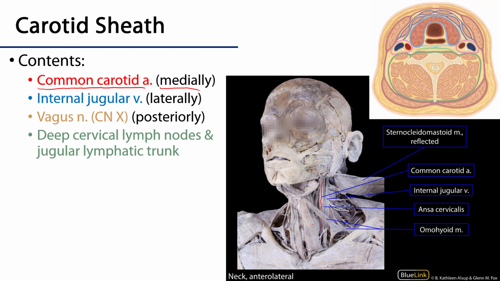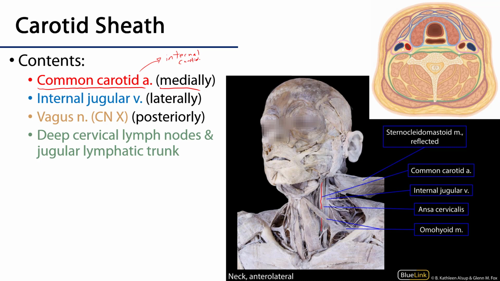It's something that is very heavily invested by the fascia. That common carotid artery is going to bifurcate into external and internal carotid arteries, and the internal carotid artery is going to continue superiorly within the sheath, whereas the external carotid artery originates within the sheath, but it quickly moves anterior to it and leaves.